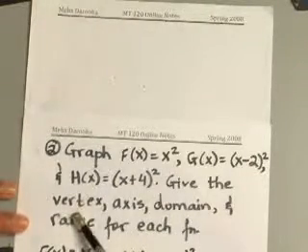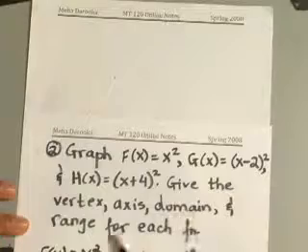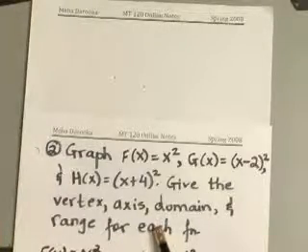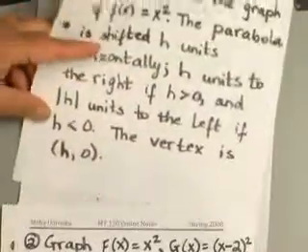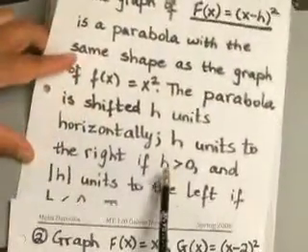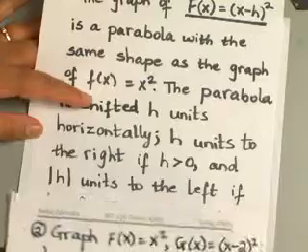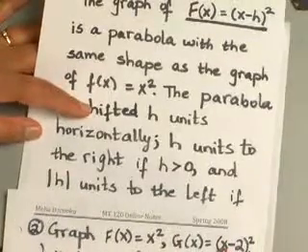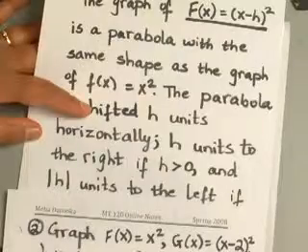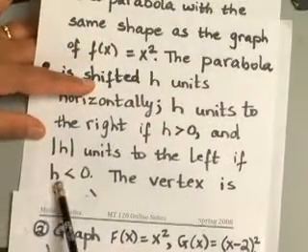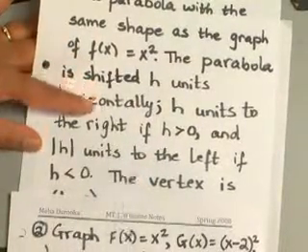Again, we're going to try and find the vertex, the axis, the domain, and range for each one of these functions. So as I was telling you earlier, when you have a positive h, you're going to move to the right. So in this case, when you have x minus 2, that means that your h is 2 and it's a positive number. When your h is negative, you move h units to the left.